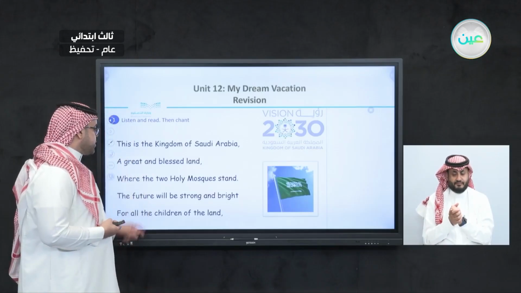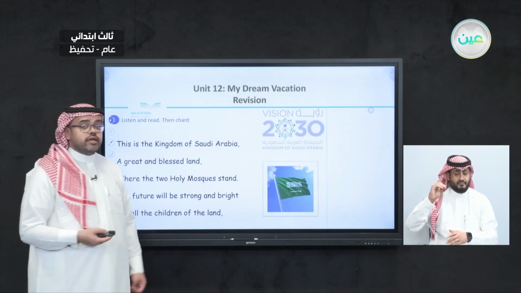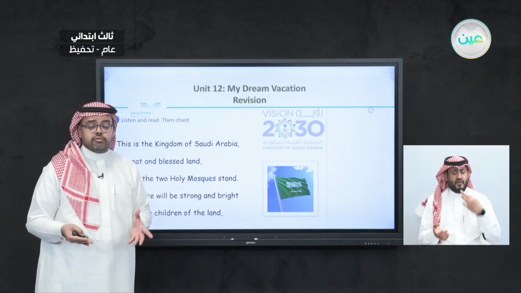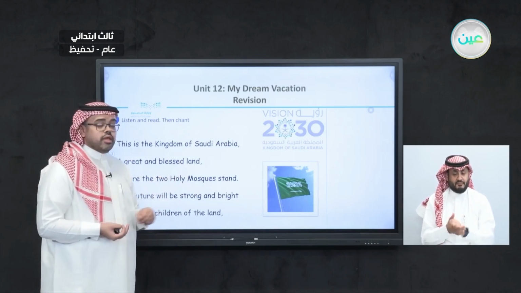So Saudi Arabia is a great and blessed land where the two holy mosques stand. So, great and blessed land. Why is it blessed? What we mean by blessed is that this is a land that has a lot of good things. So this is why this land is blessed.